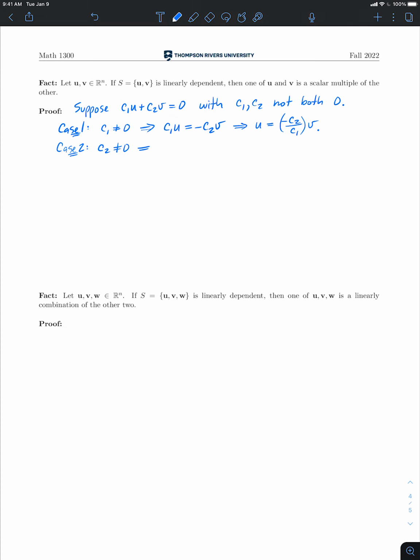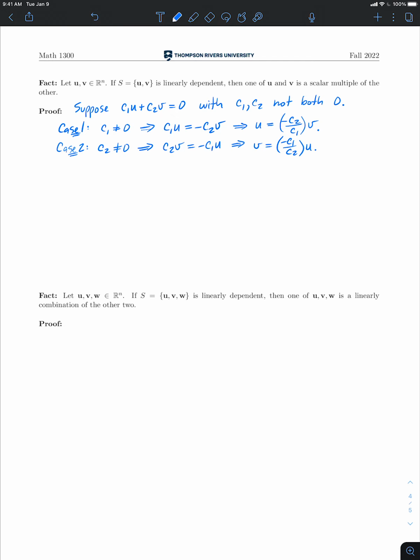If c2 is not equal to 0, then we'll just move the other term over to the other side of the equation. We'll leave c2v where it is, and subtract c1u from both sides of the equation, and then you can multiply both sides by 1 over c2, and you get v is equal to negative c1 over c2 multiplied by u.